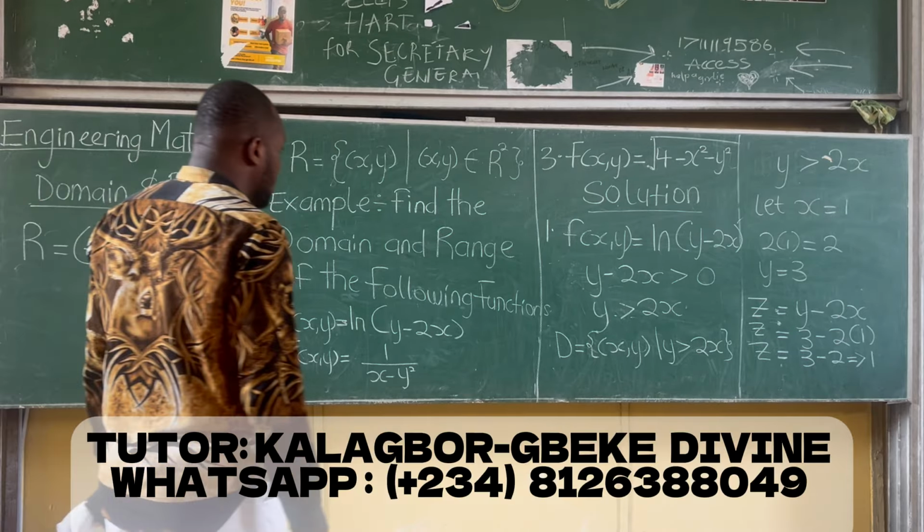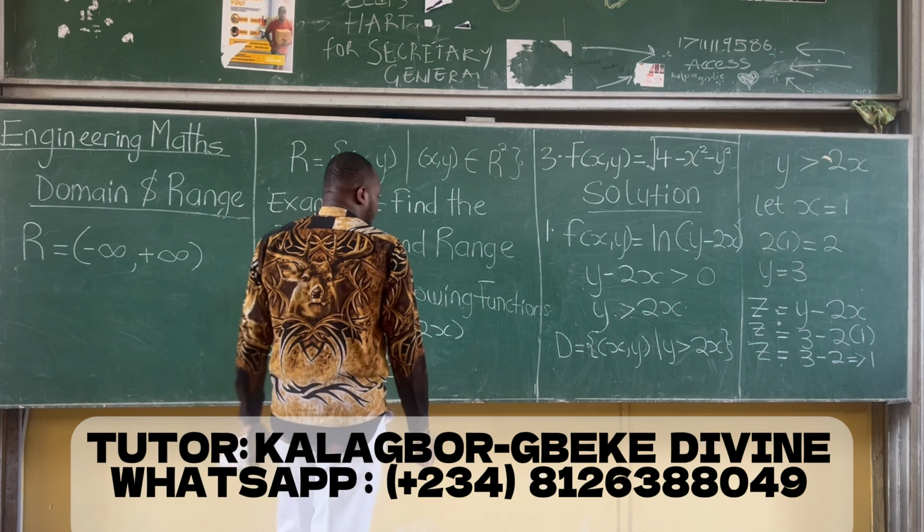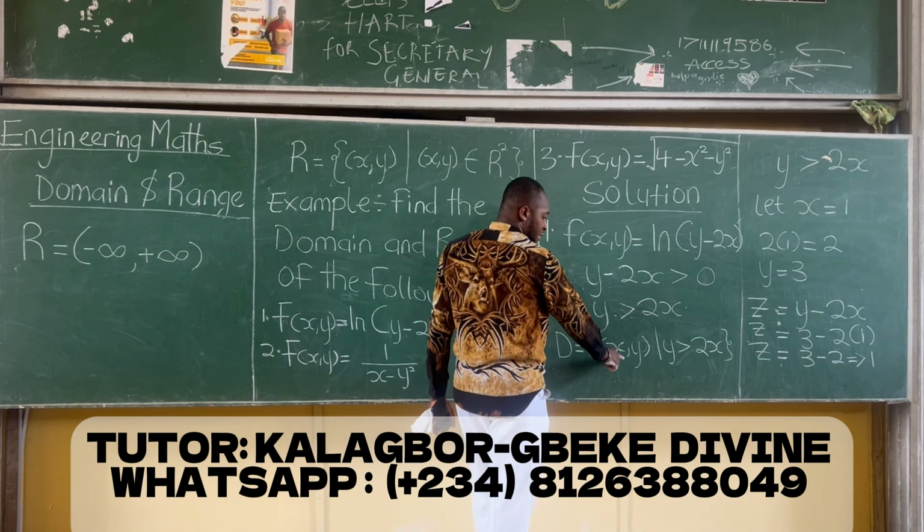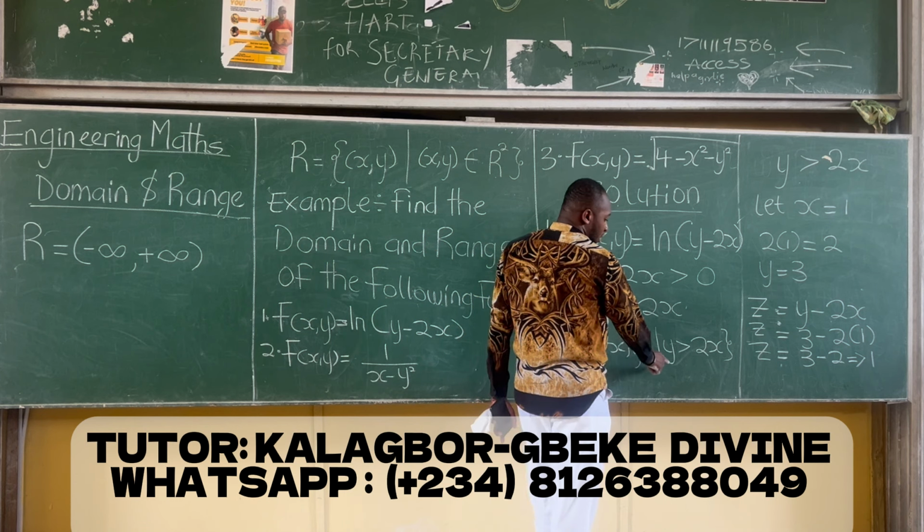So now, we've gotten our domain as a set of x comma y such that y is less than 2x.